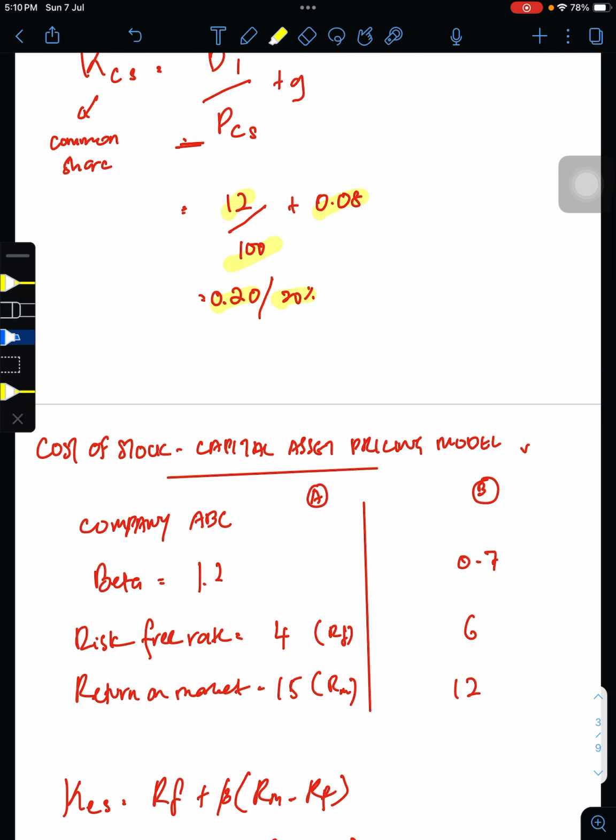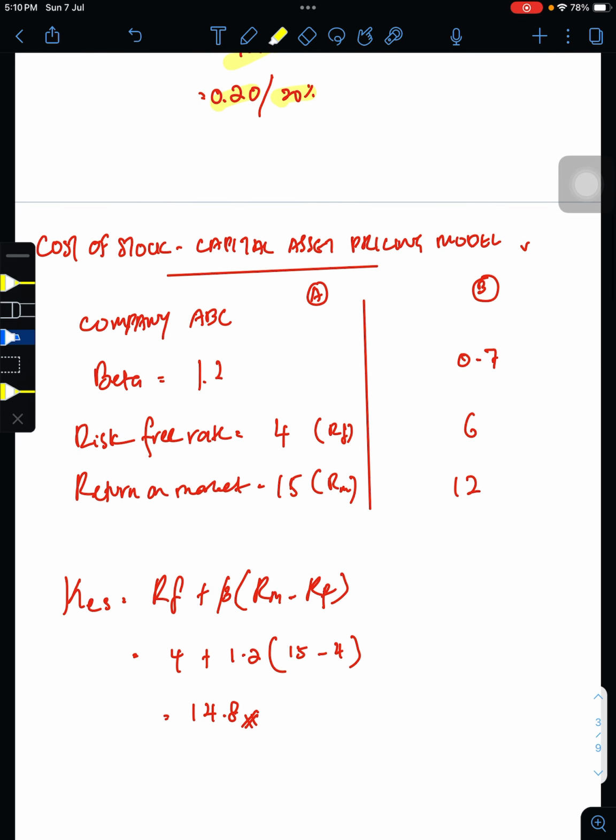And finally, your cost of stock using the capital asset pricing model. Similar, I give you two scenarios, A and B. So I'll do A with you. The formula here is cost of common stock equals risk-free rate plus beta times the return from market minus risk-free rate. So you have to memorize this formula as well.